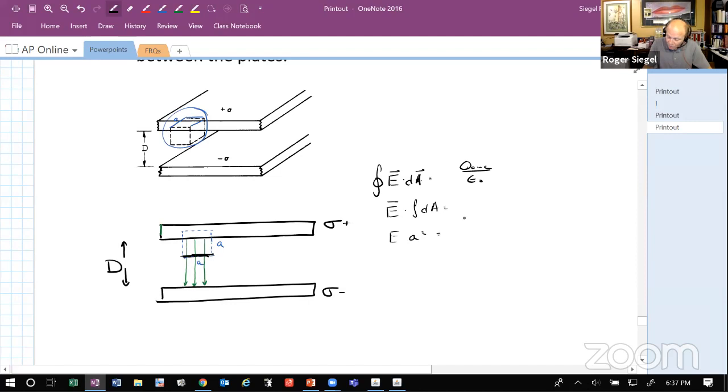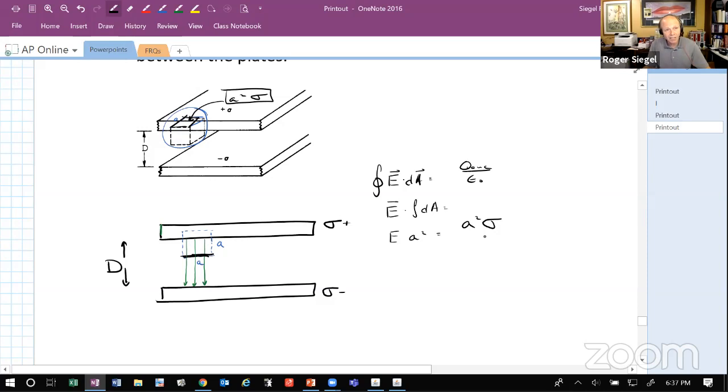And over here, what we have is the enclosed charge. Well, if I look up here, how much charge have I enclosed? Well, the area of this face is A squared, times sigma. That's going to be my charge, because sigma is the charge density of my plate.